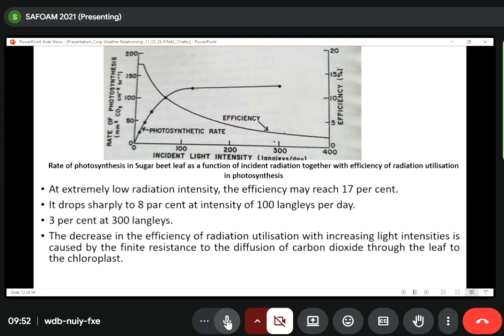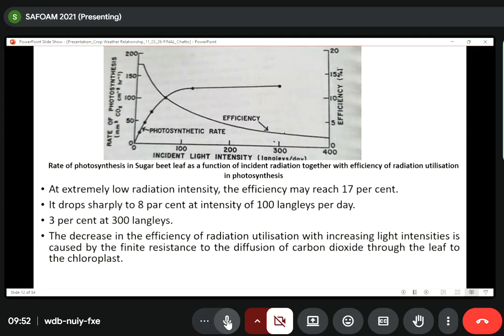So you see that at extremely low intensity, the efficiency may reach 17%. It drops to 8% when intensity is 100 Langley per day. Again, it drops to 3% when 300 Langley is there.